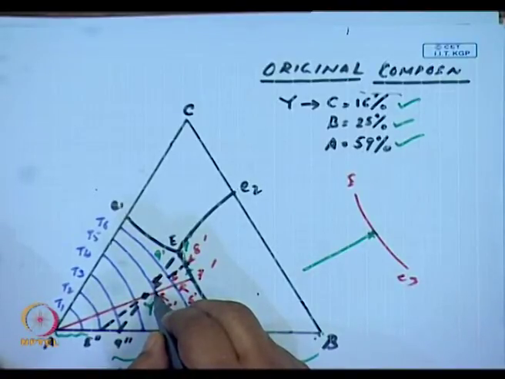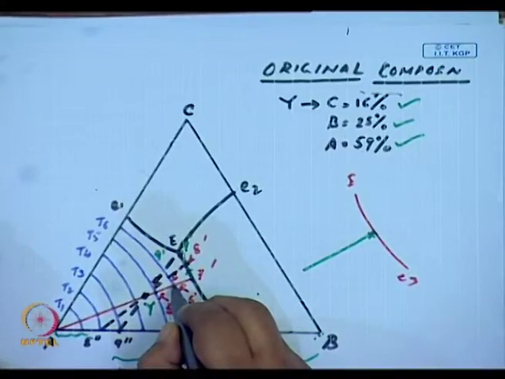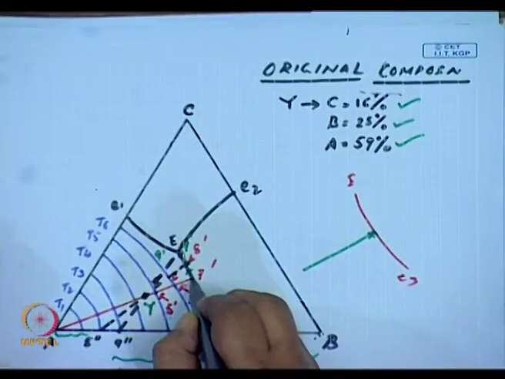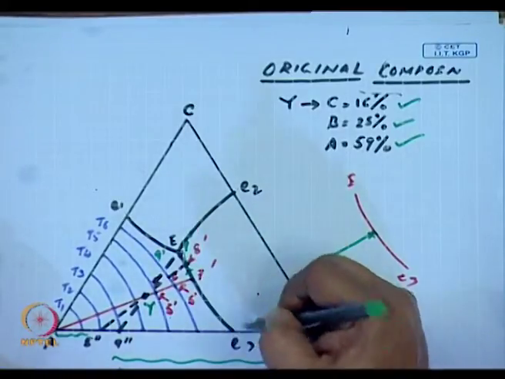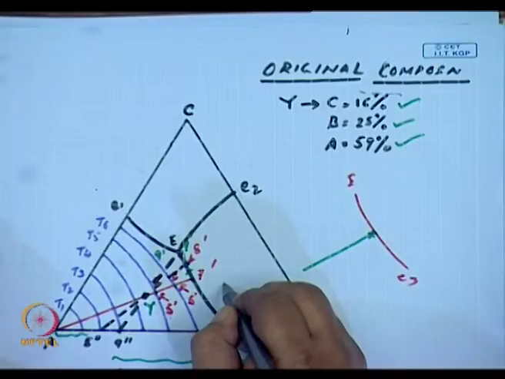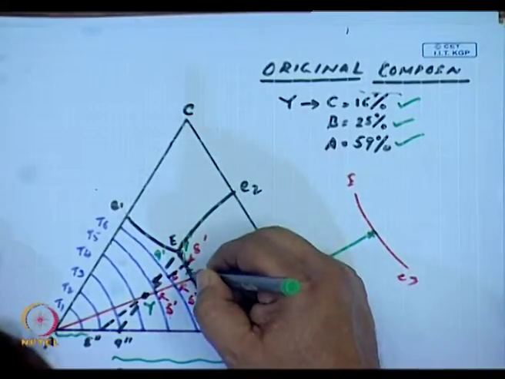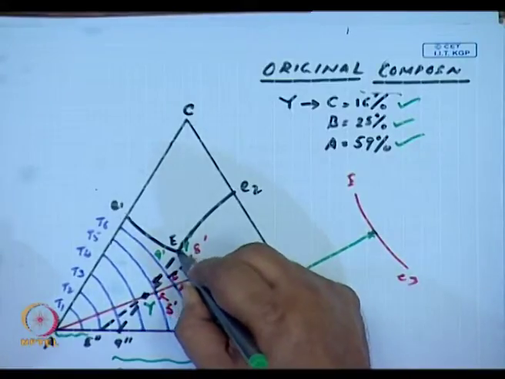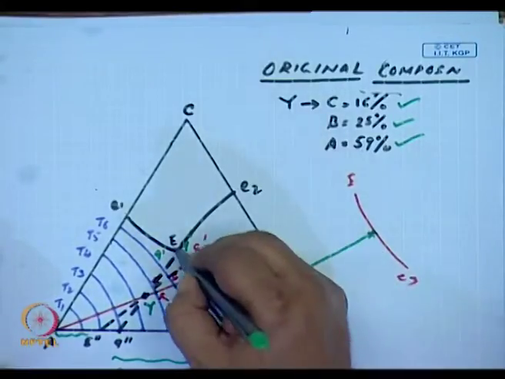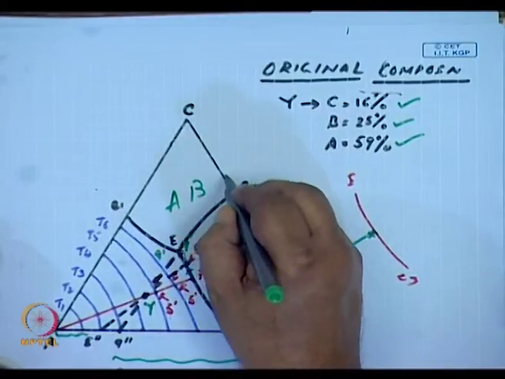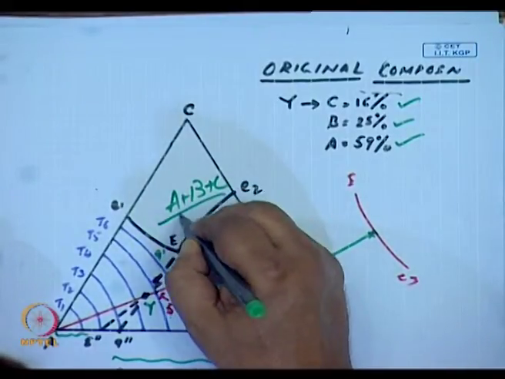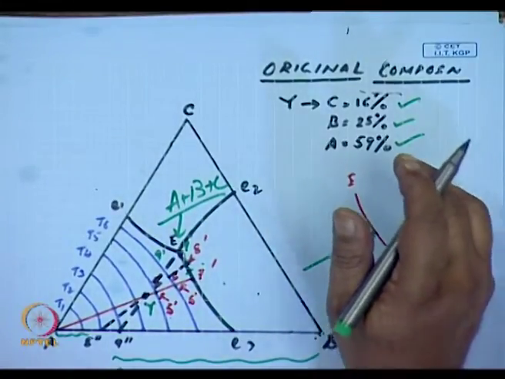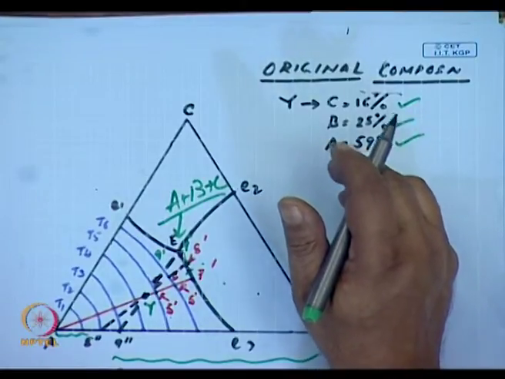Crystals of A separate out. As I cool more, A separates out. When it encounters this E3 line, the join of the eutectic, A and B start separating out. As it moves towards E, more A and B separate out. And finally at E, A, B, and C separate out at this ternary eutectic. Now, this is the simplest example of how these systems work.